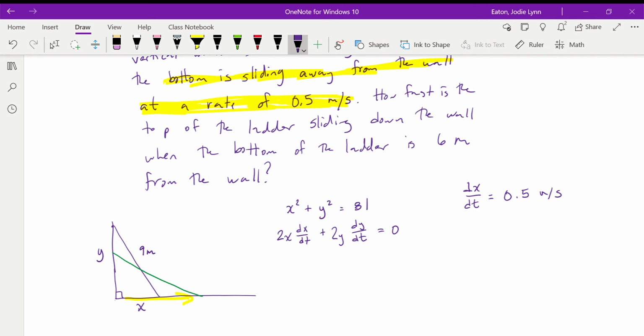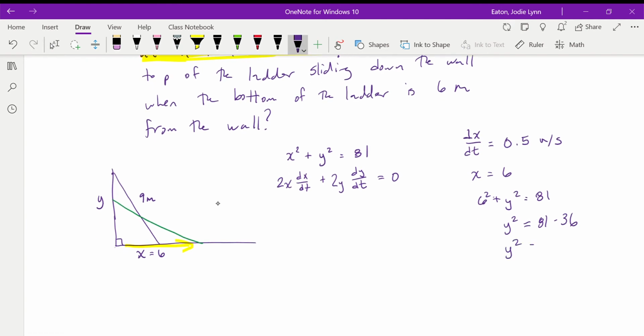Okay, so the bottom of the ladder is 6 meters from the wall, so we have x equal to 6. And y, well, we know that 6 squared plus y squared equals 81, we can use our Pythagorean again. So y squared equals 81 minus 36.